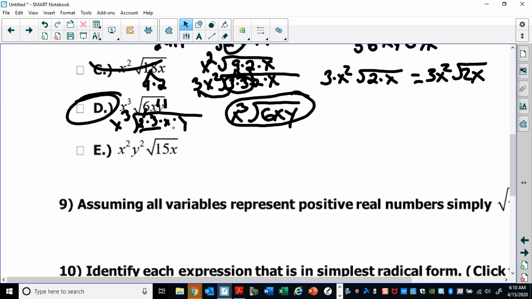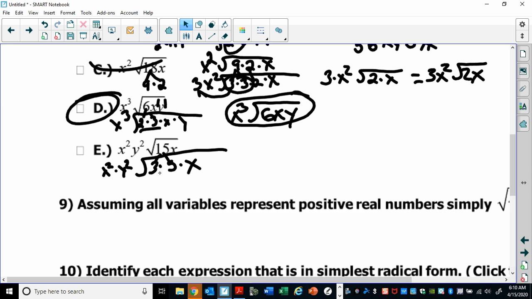That's good. Now, we're going to break down 15. We can break down 15, and we cannot break down x, but we can break down 15. This is just going to bring us 3.